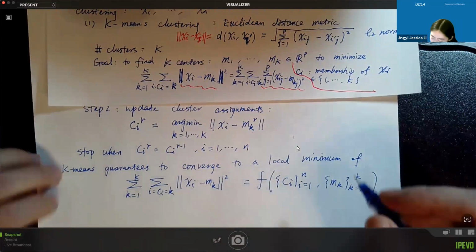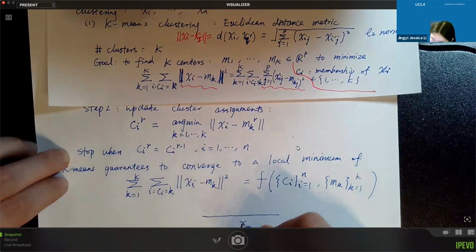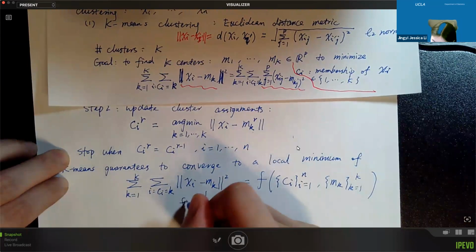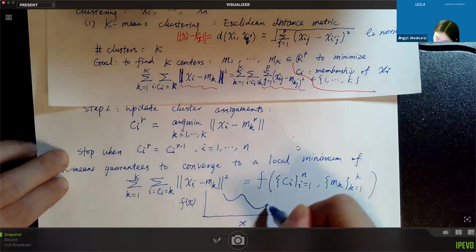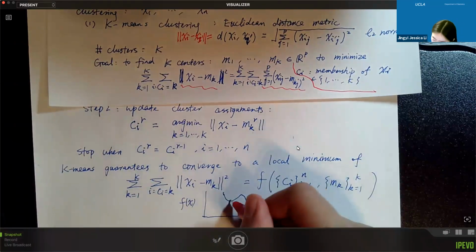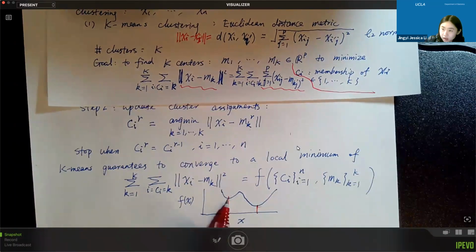So what we mean by local minimum and global minimum, let me just give you one simple example. Let's say that I have a function f(x). If the function looks like this, we will say that this function has two local minima. One is here, one is here. But this is the global minimum, while this is not.